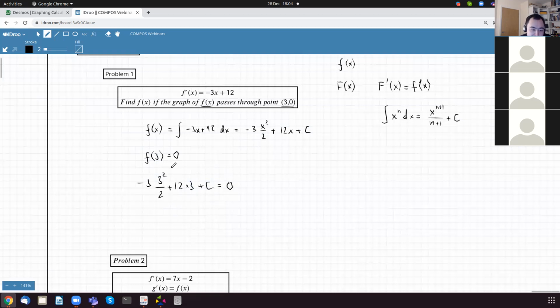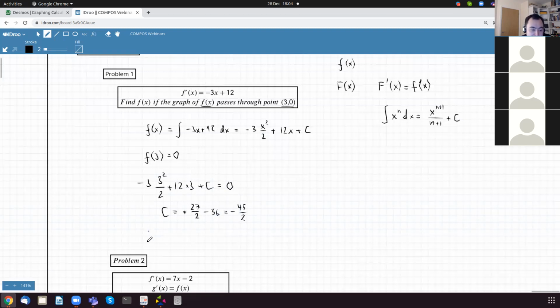So we can find c from here. So c is equal to plus 27 over 2, minus 12 times 3 which is 36. So that is equal to negative 45 over 2.